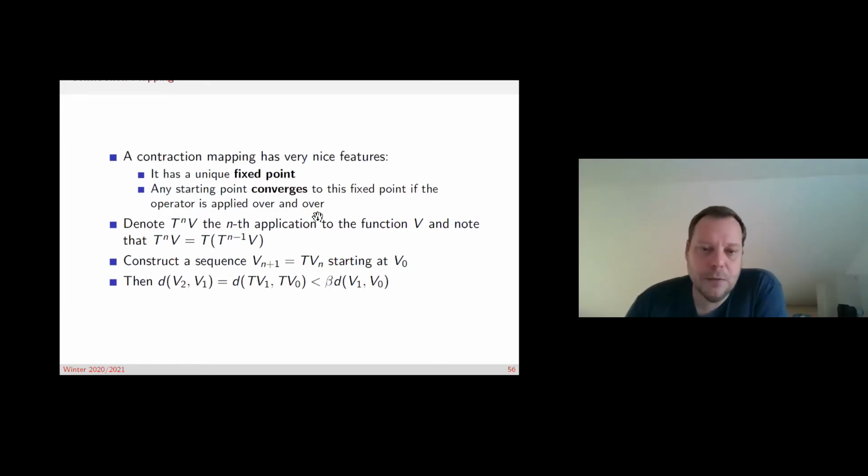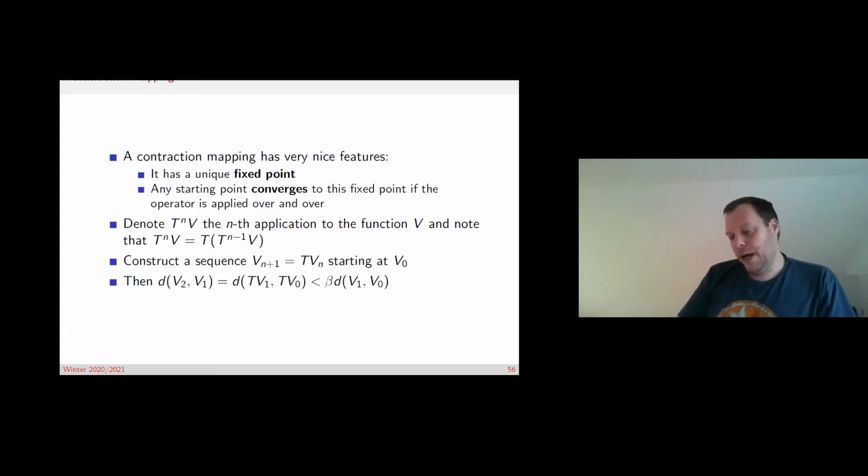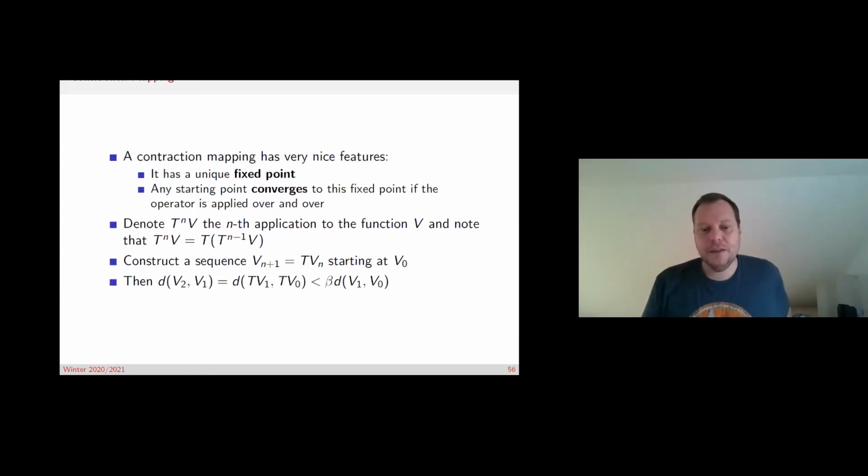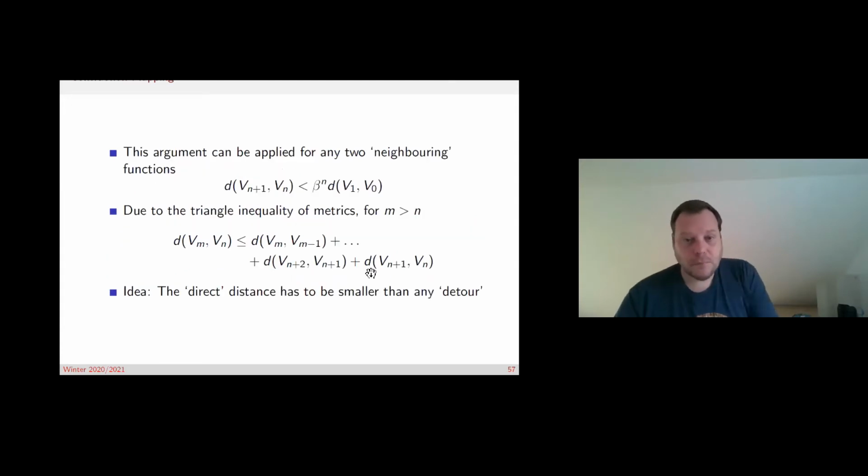Okay, and this is basically, at least from my relatively ignorant perspective, the basic idea of what is going on here. So we start out with the V0, apply this operator, and measure the distance between neighboring functions as we go along, and apply the operator over and over again.